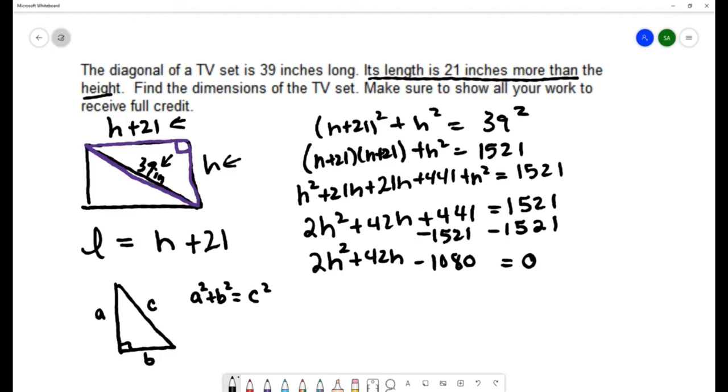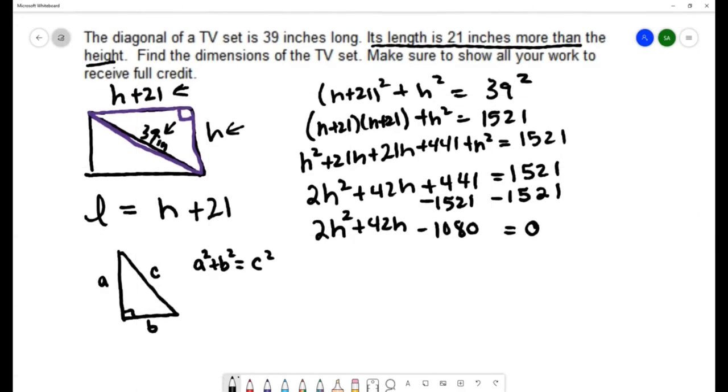I want to try to solve this quadratic. I'm going to start by solving it with factoring, but if I'm not able to factor, I will try to use the quadratic formula. Quadratic formula always works. So first I notice that all of these numbers are even, so I can factor out a 2.